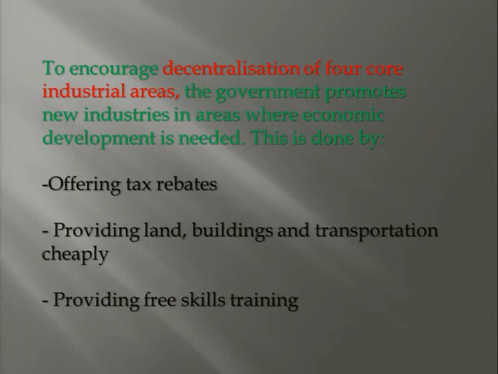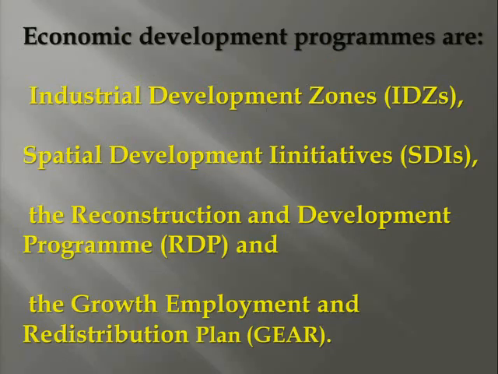The result is the industrial development programs. Now in South Africa we have what we call the industrial development zones. We have spatial development initiatives, the Reconstruction and Development Programme, and the Growth, Employment and Redistribution plan.